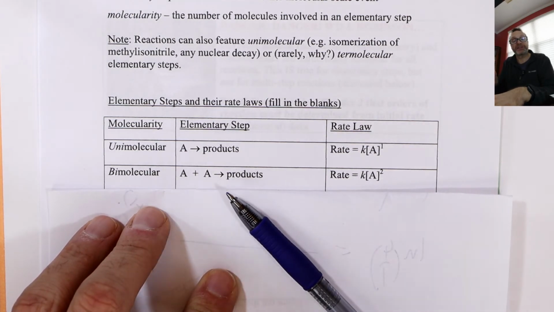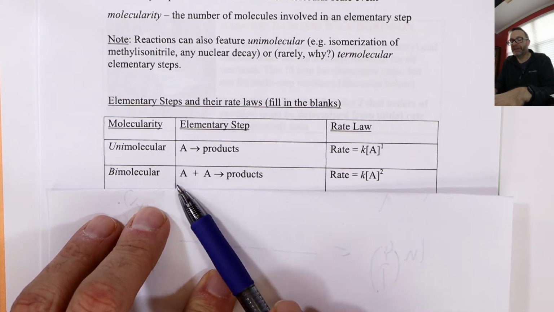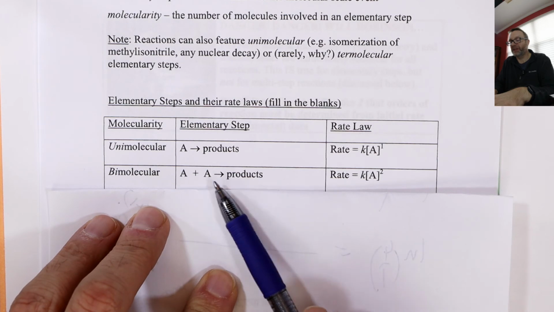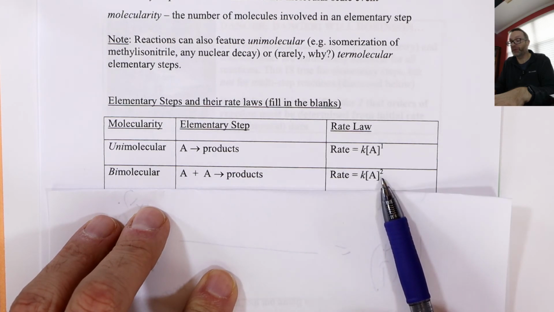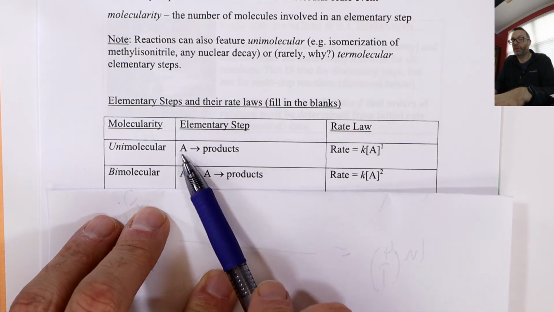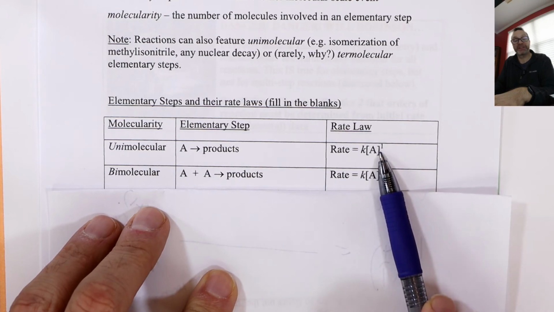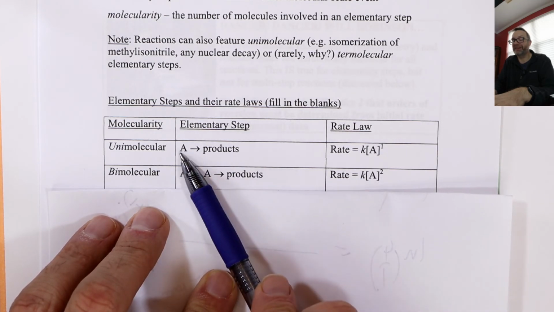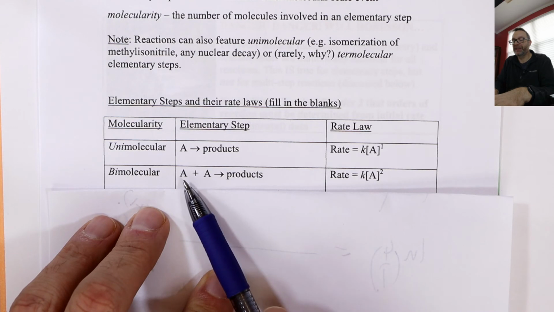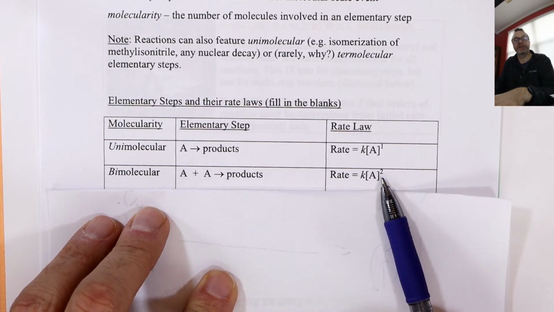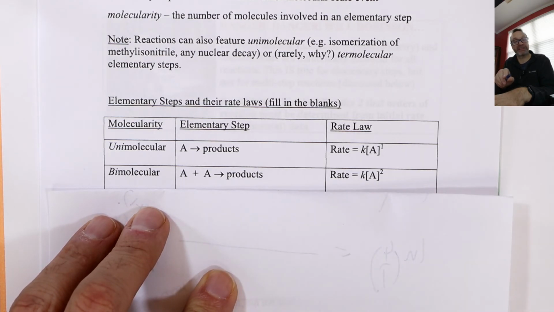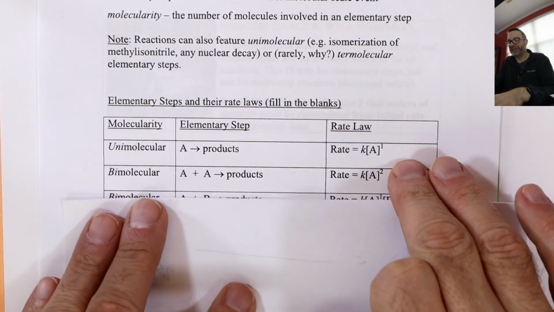So it's bimolecular because there's two A's bumping together, like a classic reaction, right? And then because there's two A's as reactants, oh look, it's actually second order with respect to A over here. So one A as a reactant, first order with A. Two A's, second order with A. Getting a correlation there. Let's see if you can predict the next one, right?